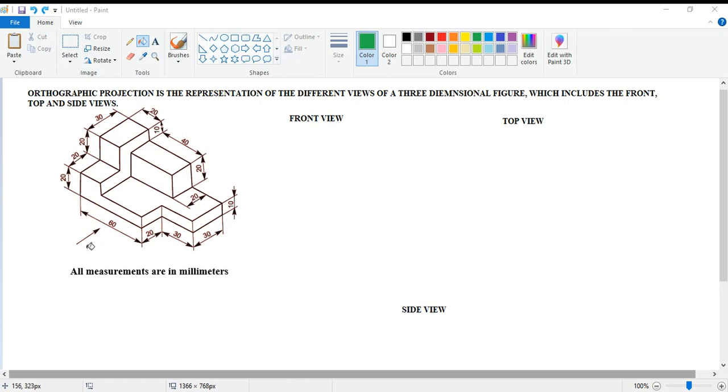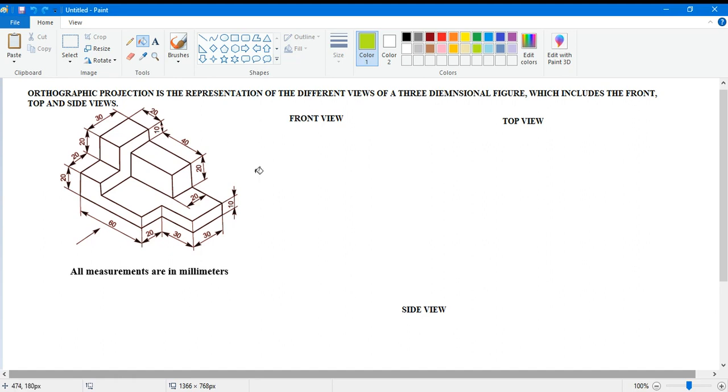So I will be seeing my figure this way. When I look at the figure from where the arrow is pointing, what are the sides I will be getting?